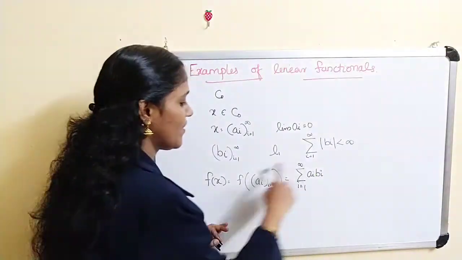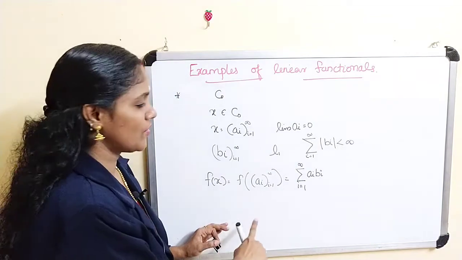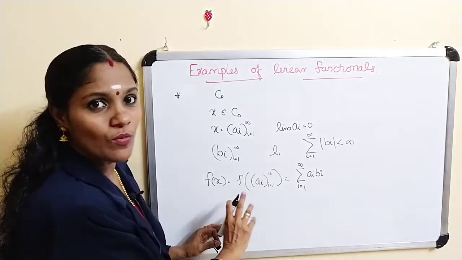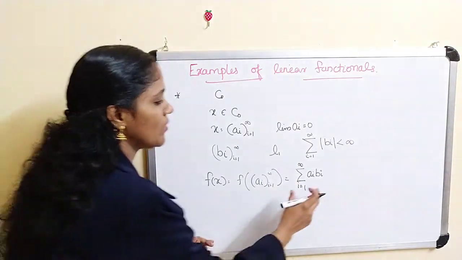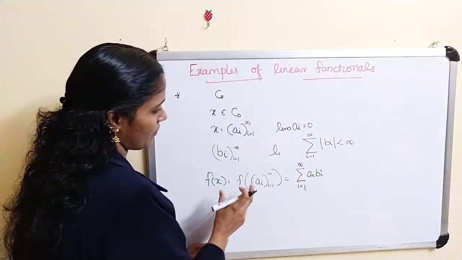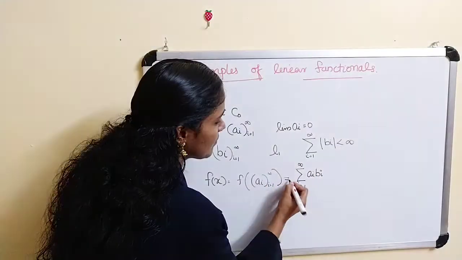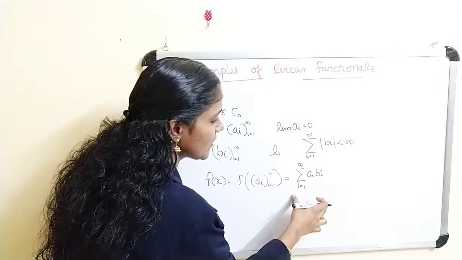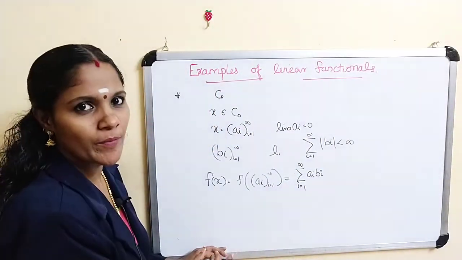Now we have to verify whether this is a linear map. Also we have to check whether this function is well defined. Now this is a series, so for proving this map is well defined, it is enough to prove that this series is convergent.